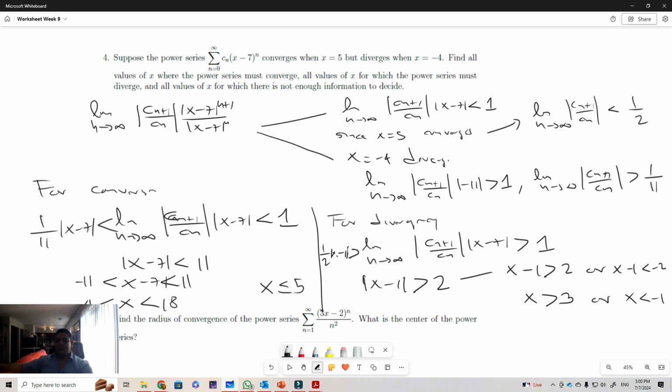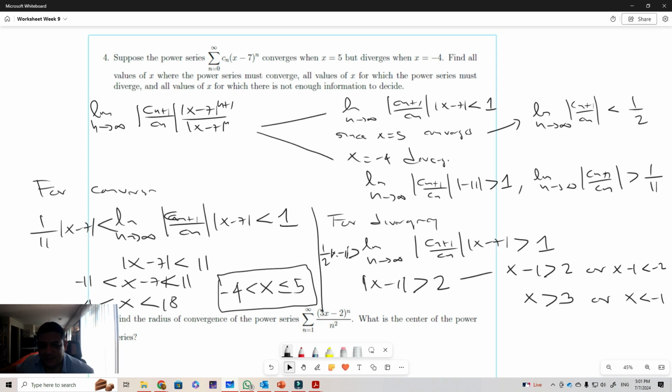So for something that is less than minus 4, then that's probably where we're going to have the divergency. Not only less than minus 1, but less than minus 4. So because minus 4 doesn't converge, then the interval of convergency has to be this one.